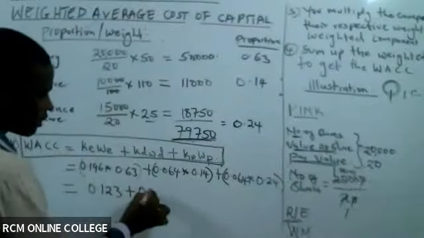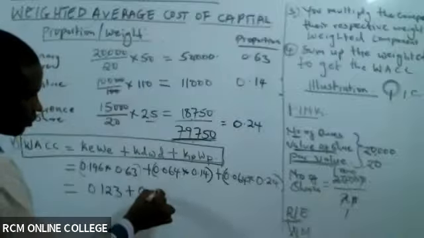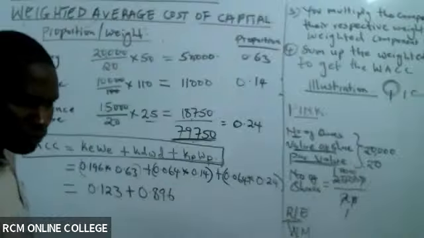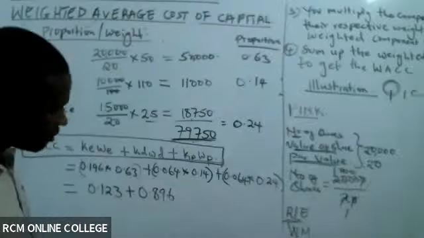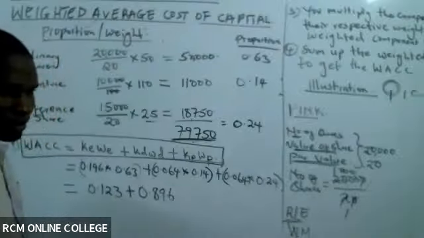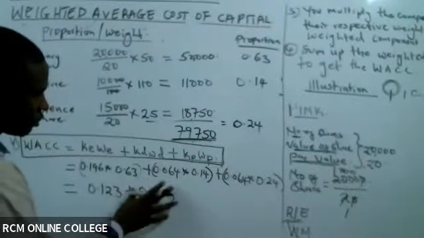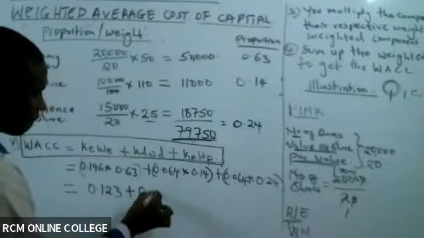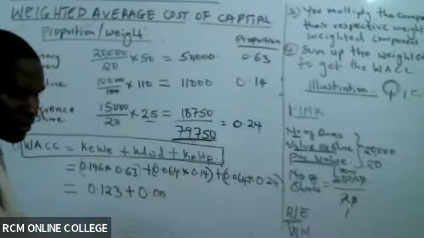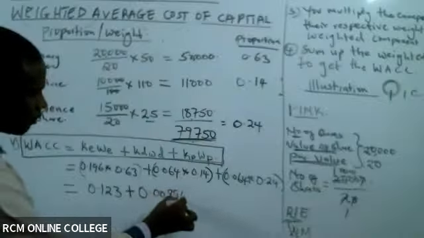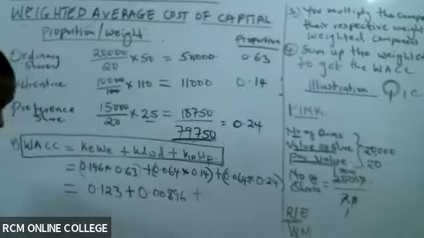Kwa sababu sasa hapa tunataka kuiweka in that. 0.00896. Decimal points zimekuwa mingi tena. Hizo zero ni nyingi. Okay, let's see. Haya, endelee. Acha ni multiply yangu nione pia.